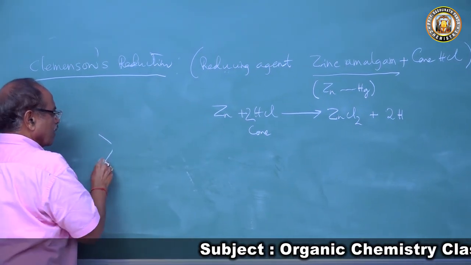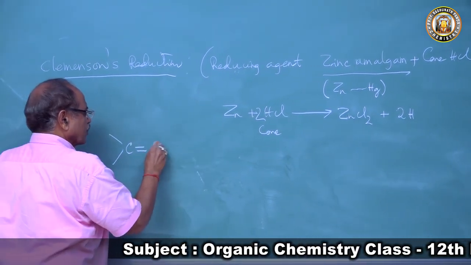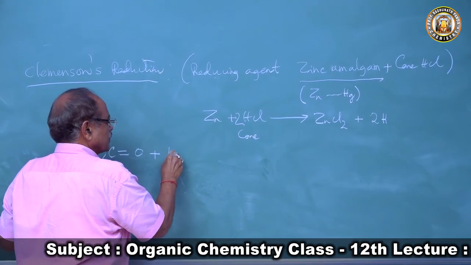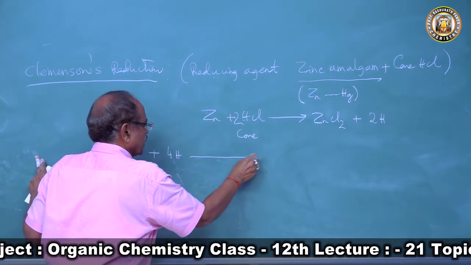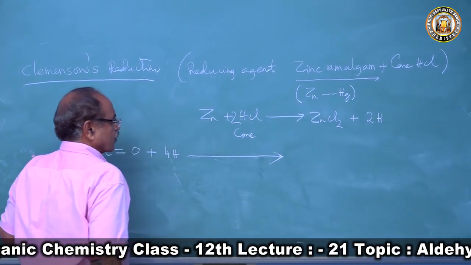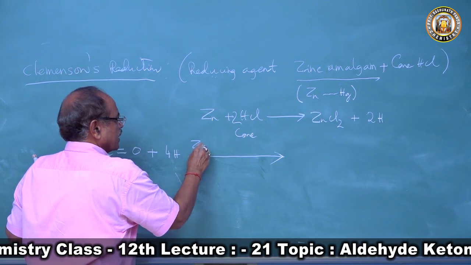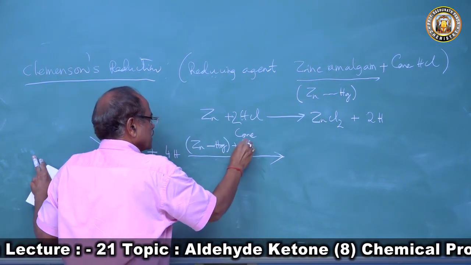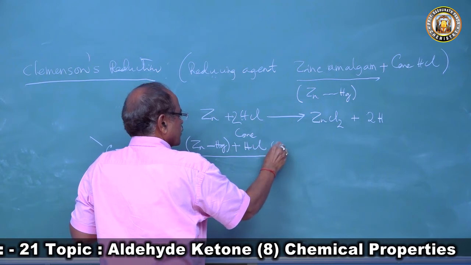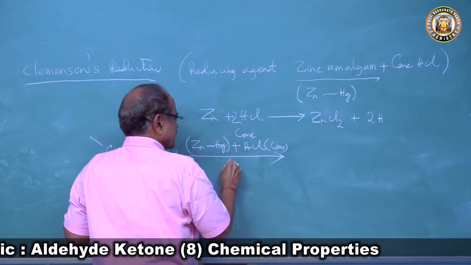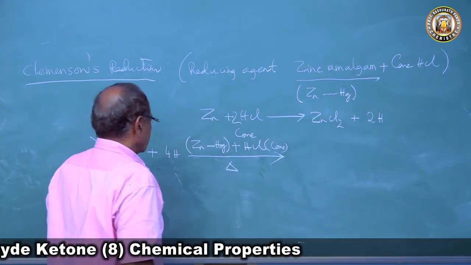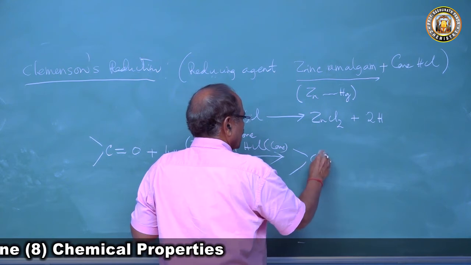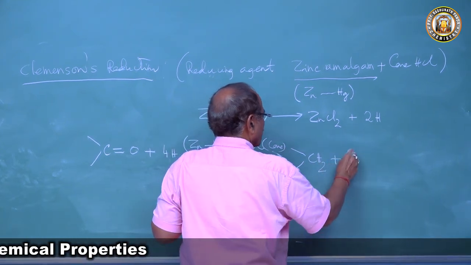Now we take the carbonyl compound. Any carbonyl compound, treated with this, produces 4 nascent hydrogen, a continuous supply of hydrogen. So we take zinc amalgam plus concentrated HCl, and it is heated. Then this forms an alkane, CH2, plus water.